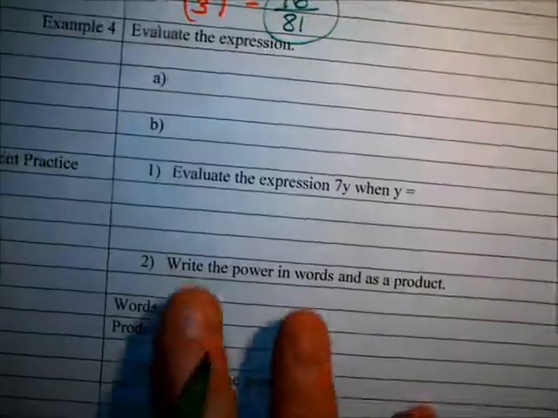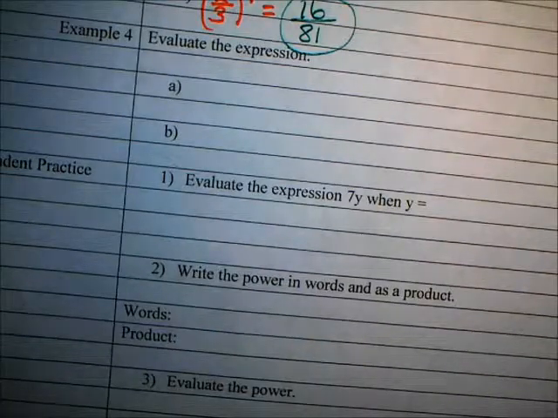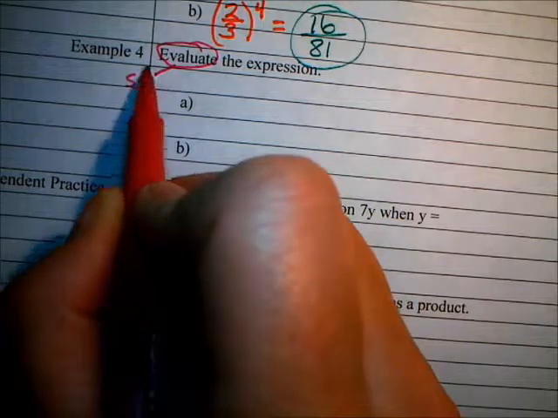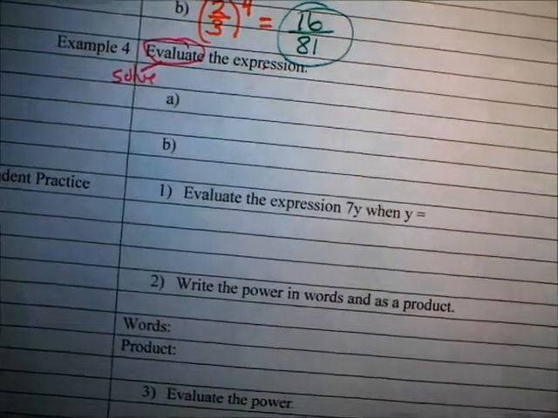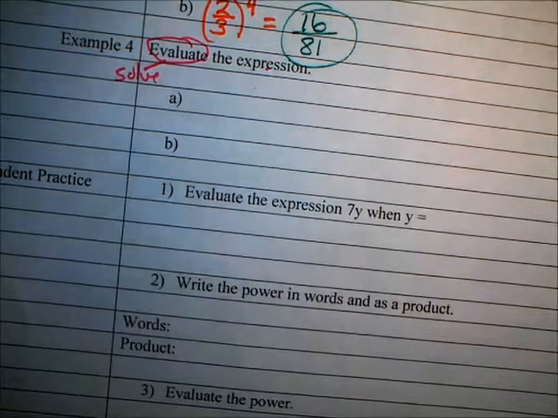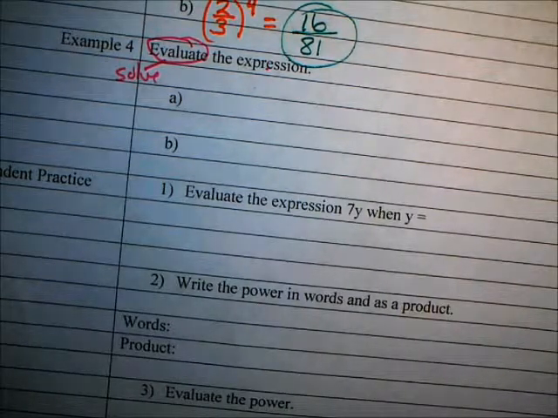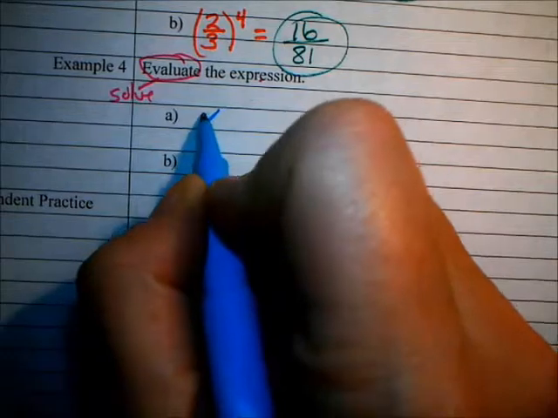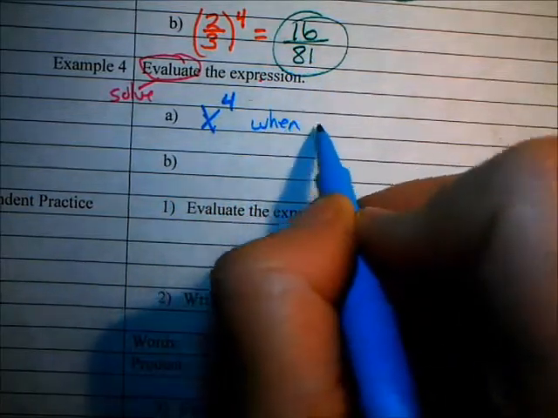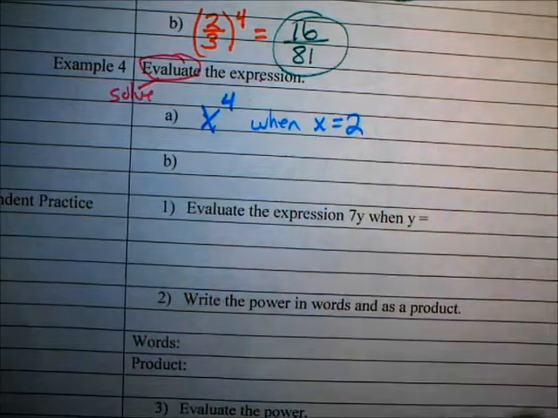Okay, example 4 says we want to evaluate the expression. So here we're evaluating, we're solving, and the expression means we have letters and numbers together. So here we go. If I take the first one, it has x to the 4th power, and they tell me that x is going to equal 2.